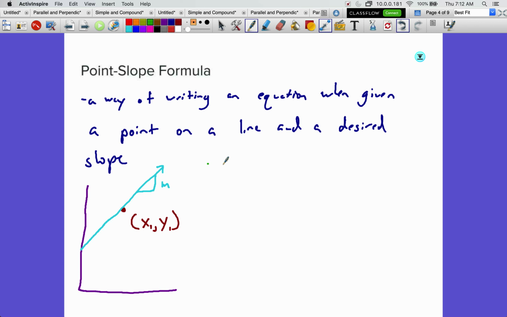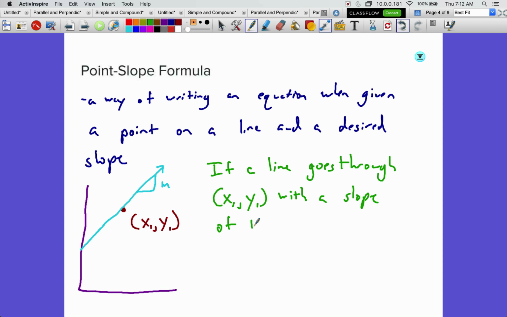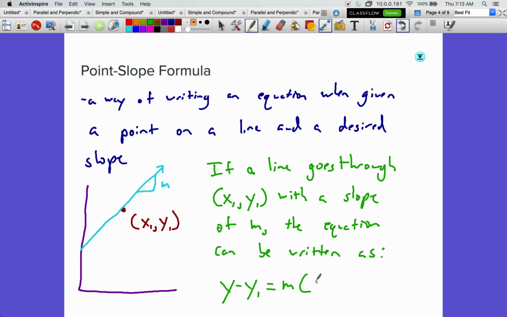So if a line goes through x1 comma y1 with a slope of m, the equation can be written as y minus y1 equals m times parentheses x minus x1.